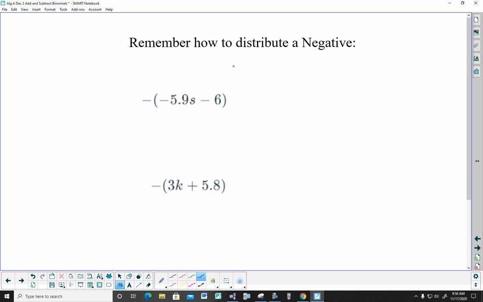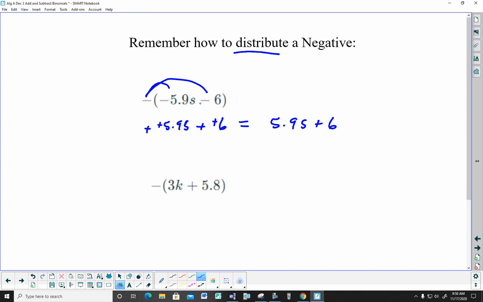Now, before we go further, you've got to remember how to distribute a negative. Remember, this distributes into both pieces. So that's minus a negative 5.9s minus a negative 6. So these two go plus and these two go plus. In other words, it changes the signs of whatever is inside.